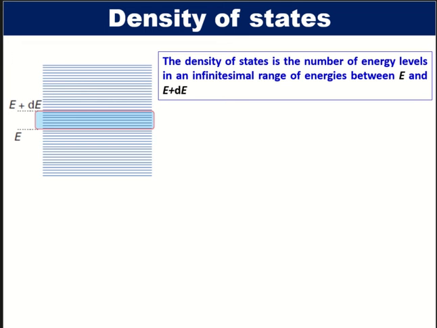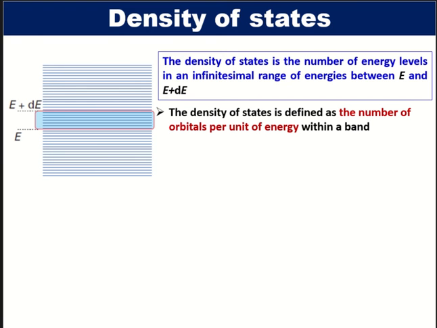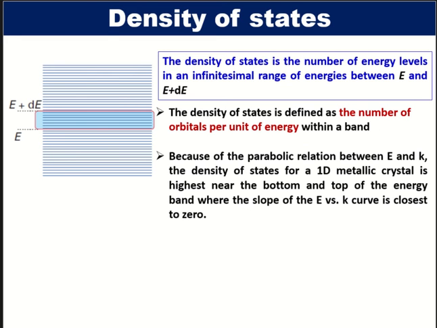It is expressed as the number of energy levels, meaning number of orbitals, in a very small range between E and E plus dE, a very small energy difference. It is the number of orbitals per unit of energy within a band. In a very simple way, density of states is simply the number of orbitals for a given energy within a band. If the number is high, we say the density of states is high, and if it is less, the density of states is low.